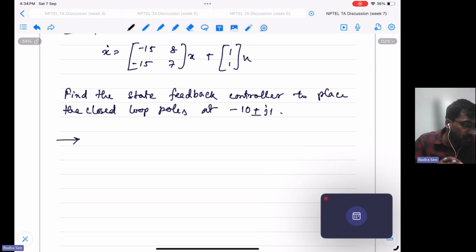So what Ackermann's formula says, this is basically the same version of the similarity transformation problem.